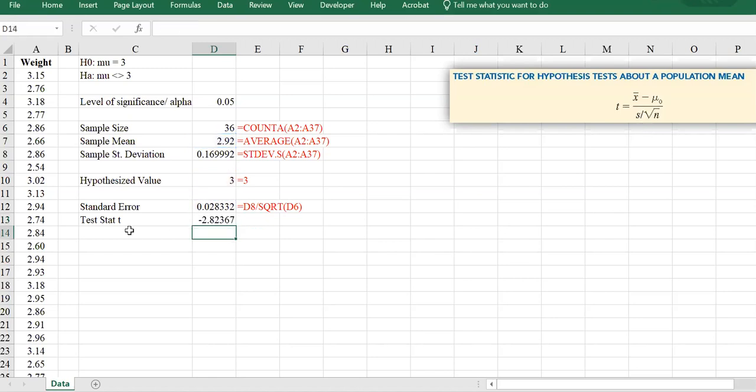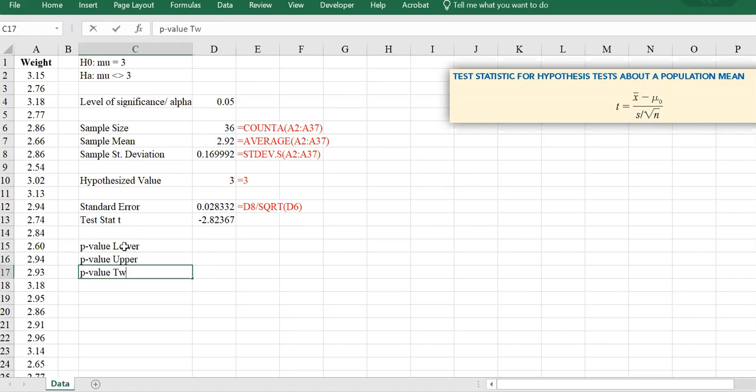That would give us the test statistic. So this is for step 1, step 2, step 3. Step 4 would be to find the p-value. For the p-value here, I'm going to find the p-value lower tailed, upper tailed, and two-tailed.